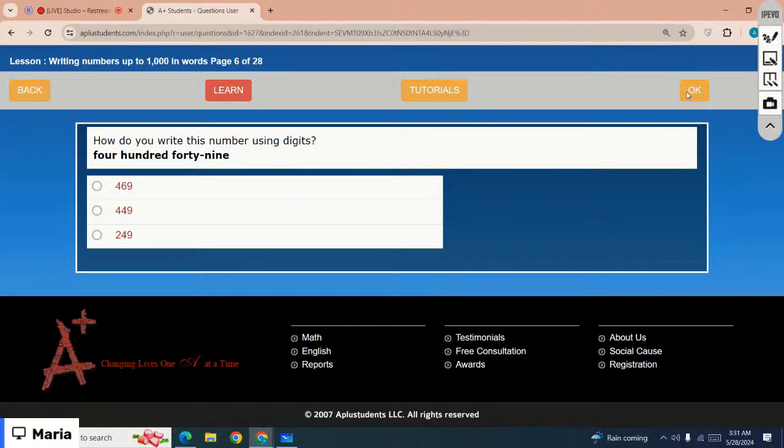How do you write this number using digits? 449, which is the correct option? That is option number 2 is the correct option.